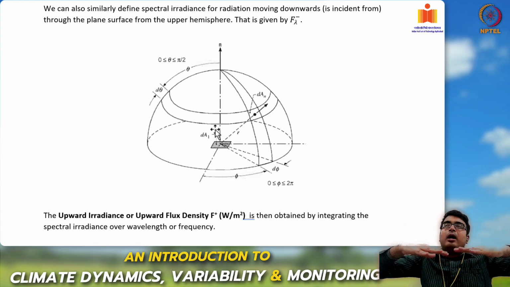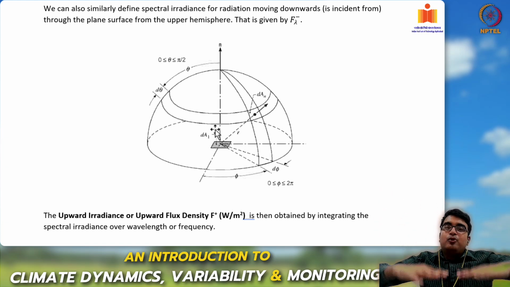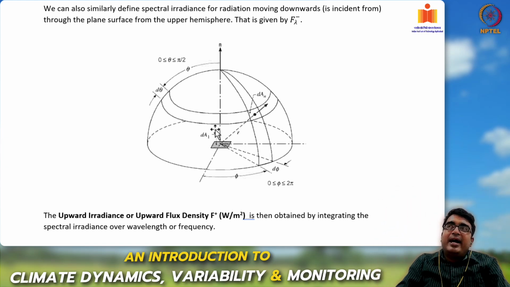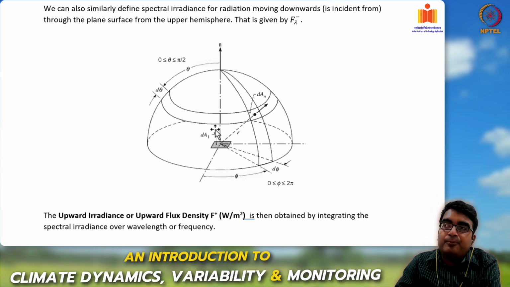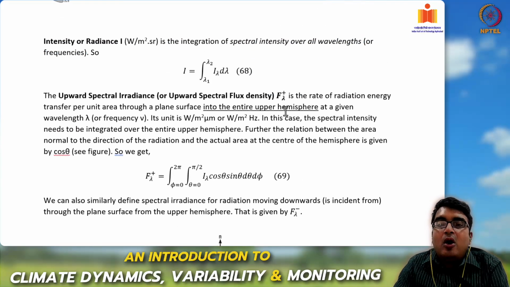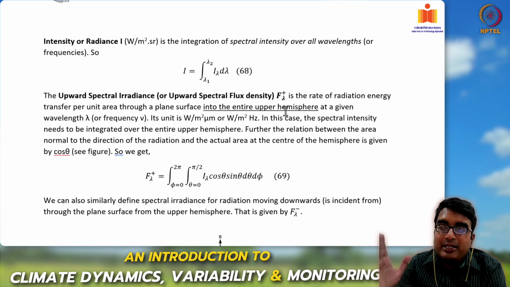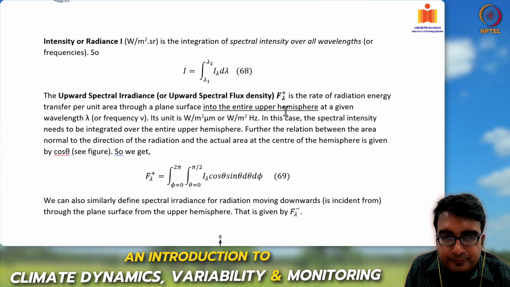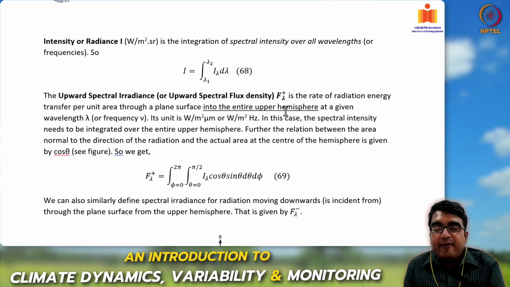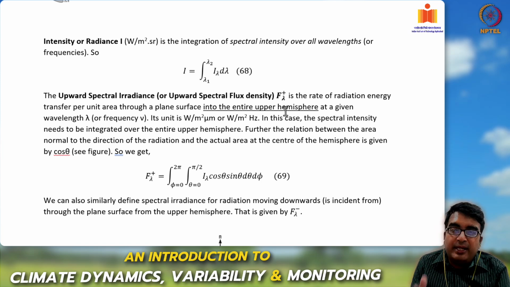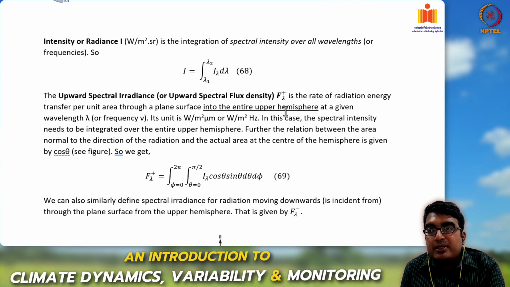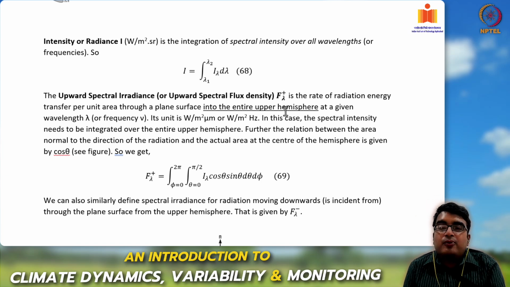So all radiation going upwards through this plane surface and spreading towards the entire upper hemisphere is called the upward spectral intensity or upward spectral irradiance or upward spectral flux density. And it's called F plus lambda. And it is for a given wavelength or a given frequency nu. Its unit is watt per meter square micrometer or watt per meter square hertz.